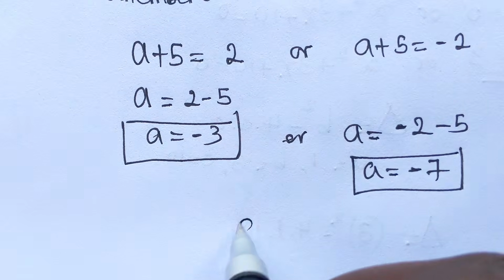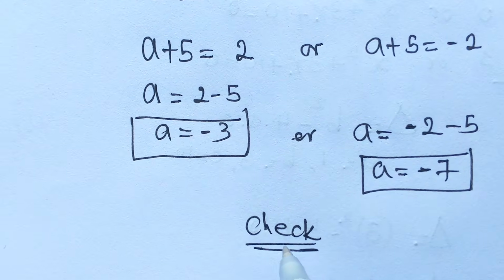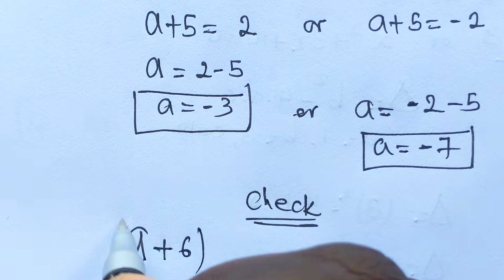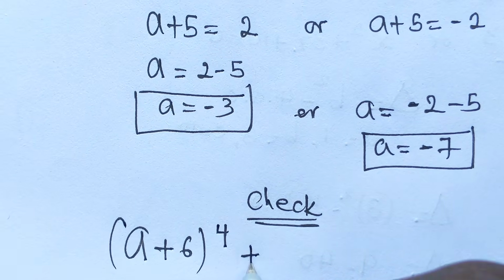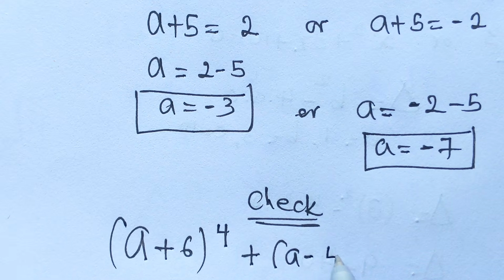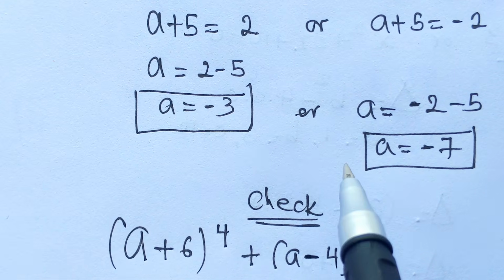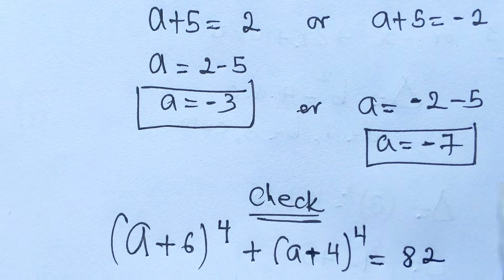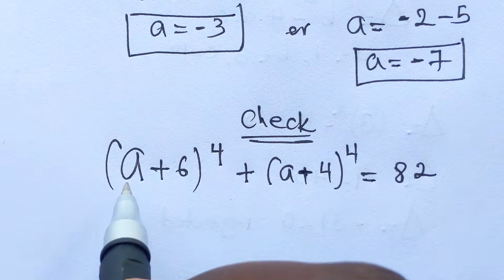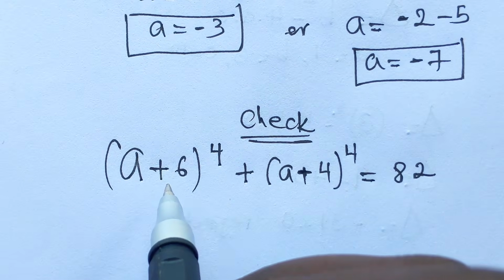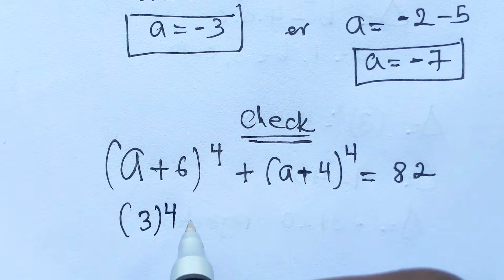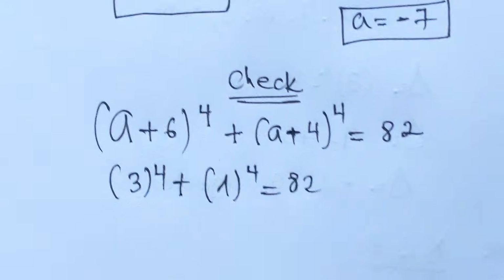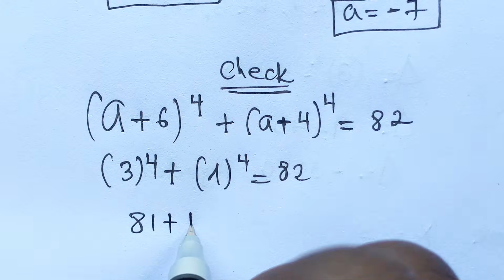Now I have to check if the answer is correct. For a equals negative 3: negative 3 plus 6 is 3, power 4, plus negative 3 plus 4 is 1, power 4, which is 81 plus 1, equal to 82.